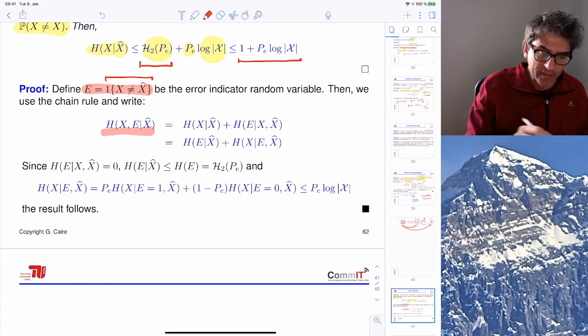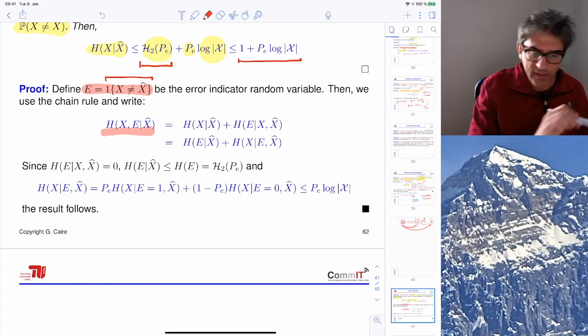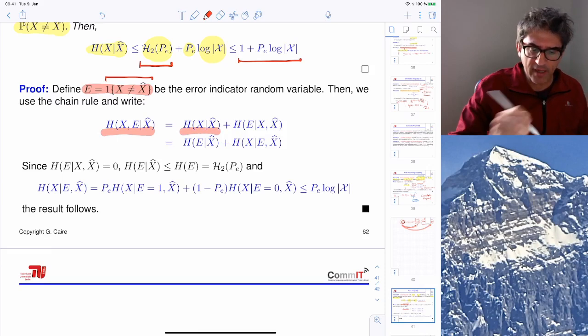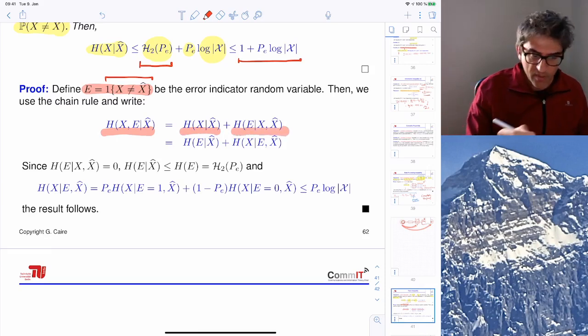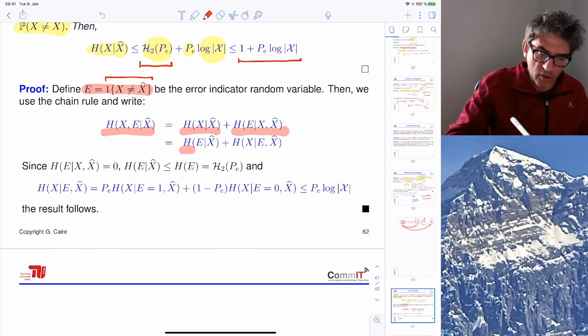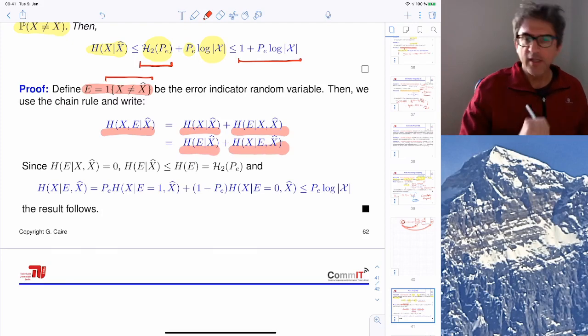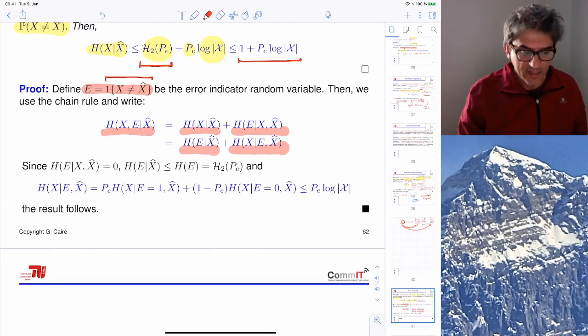We expand the vector x comma E in the order x, E, so we get the entropy of x given x hat plus the entropy of E given x and x hat. We expand this in the other order, E first, so the entropy of E given x hat, and then the entropy of x given E and x hat.